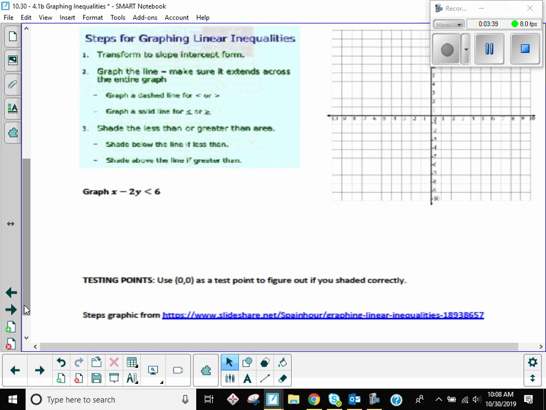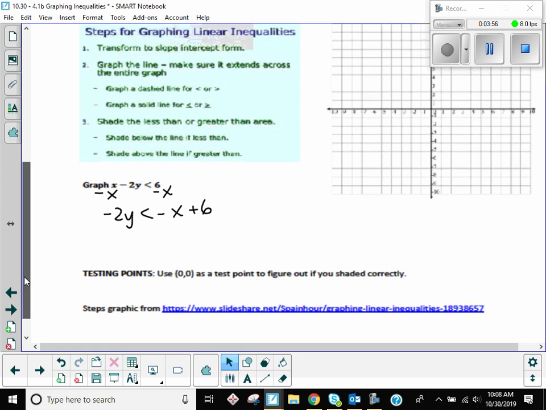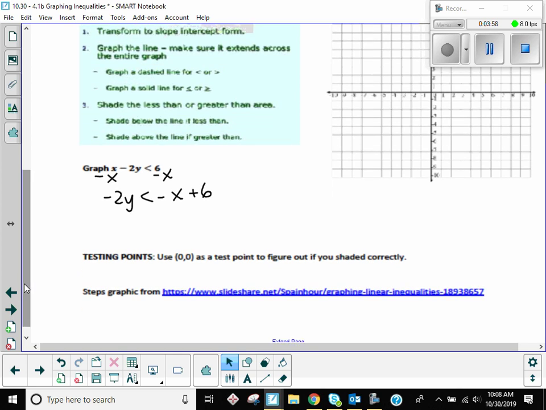Well, to solve for y. Subtract the x, okay? Right, so now I have negative 2y less than negative x plus 6. And in the previous problem, what we did was we divided both sides by negative 2.